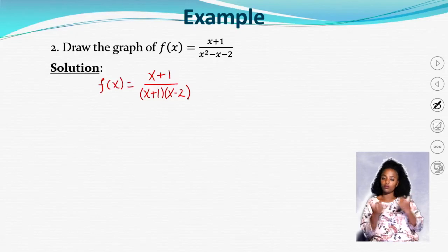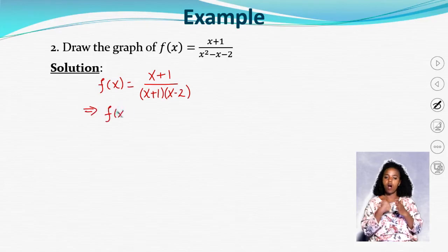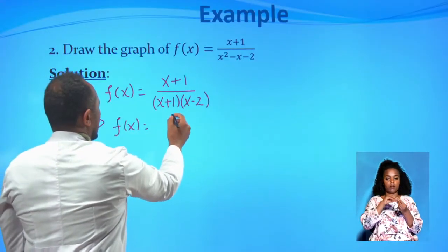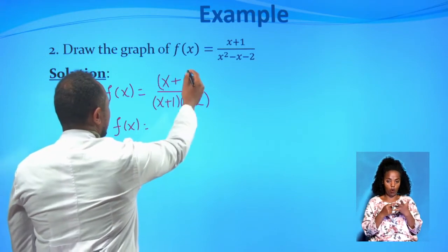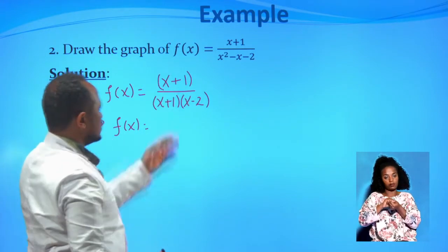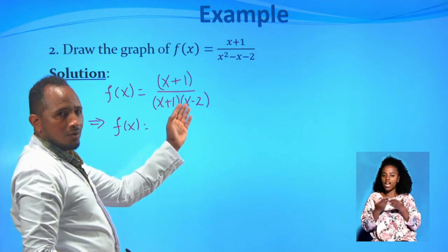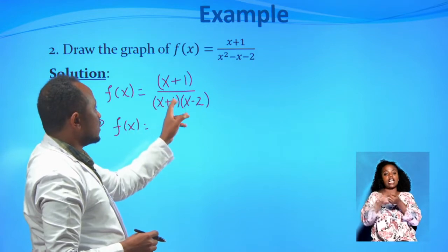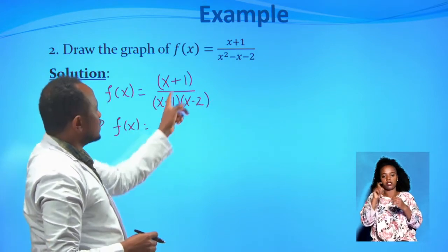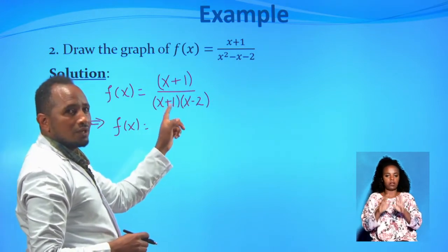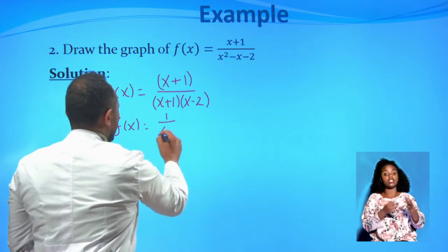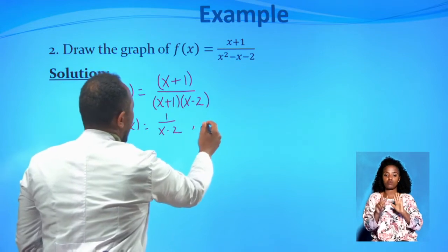Now, let's simplify. This cancels, so we have to check whether it has a hole or a vertical asymptote at this point. Since x plus 1 cancels out and we don't have x plus 1 again, at x equals negative 1 it has a hole. The expression becomes 1 over x minus 2.